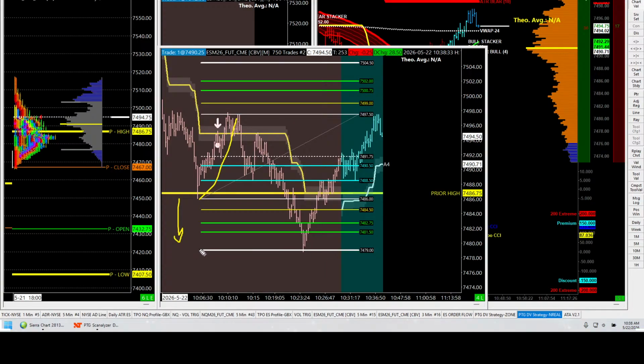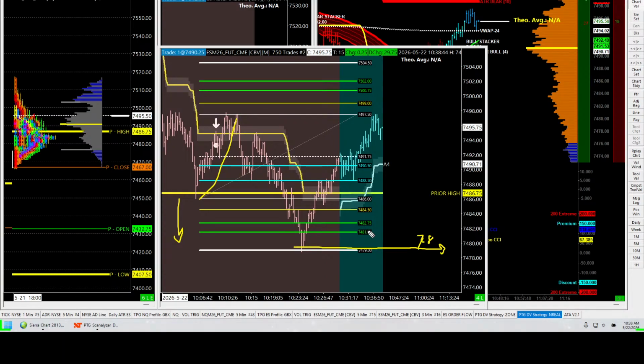And I basically brought it down to the 78s here. It could have stalled before that, could have reversed easily, 81s, 82s, fine. I'm not trying to be spot on everything. I'm just trying to map out a potential.